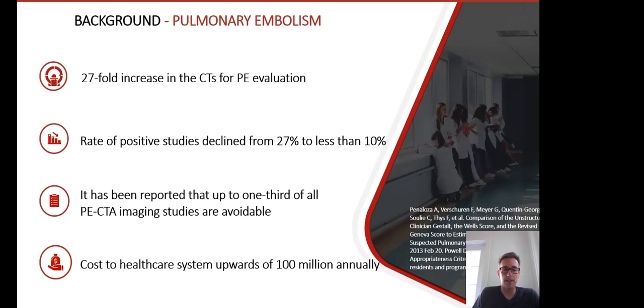It is something that is increasingly problematic for the healthcare system, at least in the US, as these studies are often very expensive and resource intensive and are frequently ordered in a variety of conditions that present looking like pulmonary embolism, but actually in fact turn out to not be. And so it has become a very important type of examination to consider around either automatic identification of this disease or potentially reducing the number of studies that are done for this purpose because of its strain on the healthcare system.